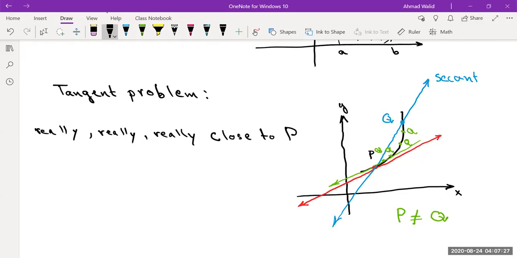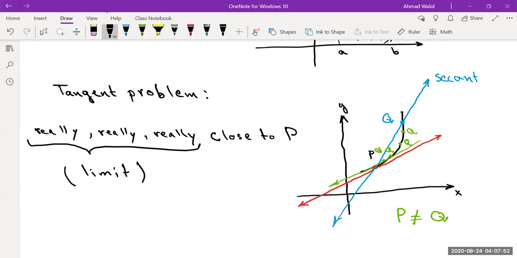The idea that I'm using here, where point Q is approaching point P, in mathematics we call it limits. Okay? Or limit.